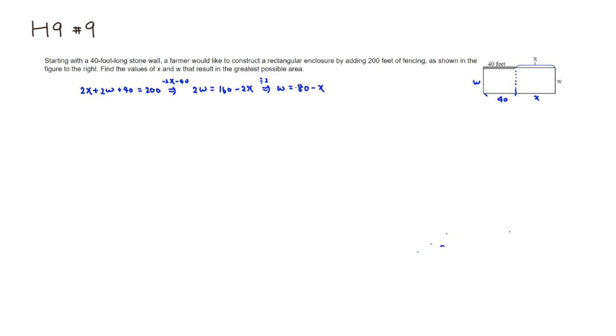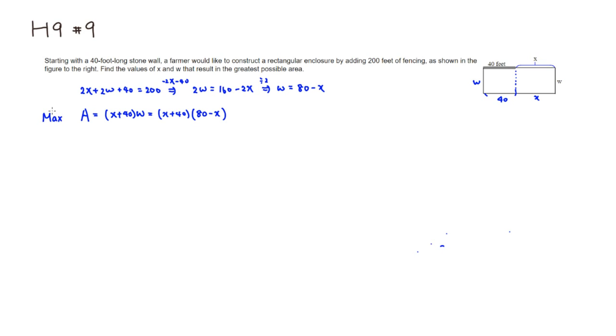Then let's express the area. Area is going to be base, which is X plus 40, times W. But W is 80 minus X, so it's X plus 40 times 80 minus X. That's the function, and we want to maximize it.